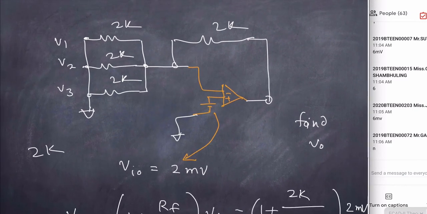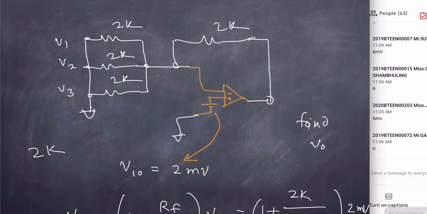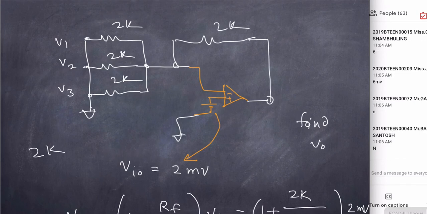Write the definition of VIO. Nobody is going to ask this definition in your life. So we will not ask questions which are mug-up based, only remembering this. We will ask very simple questions. Remember, the questions will be simple. The only thing is that you have to apply your understanding. That's all. Anyway, options will be there.